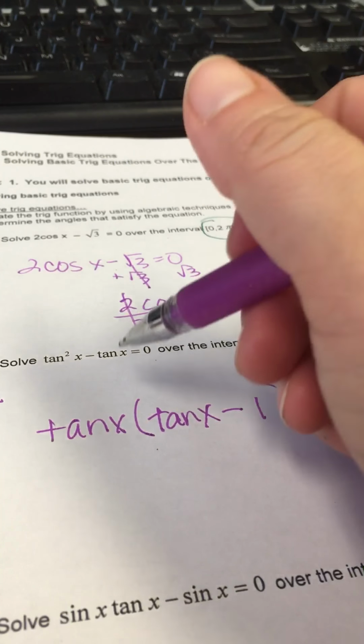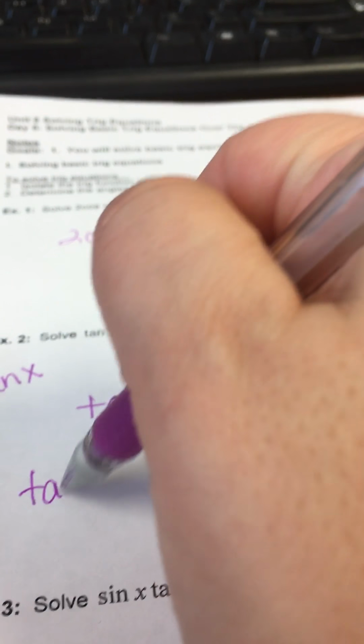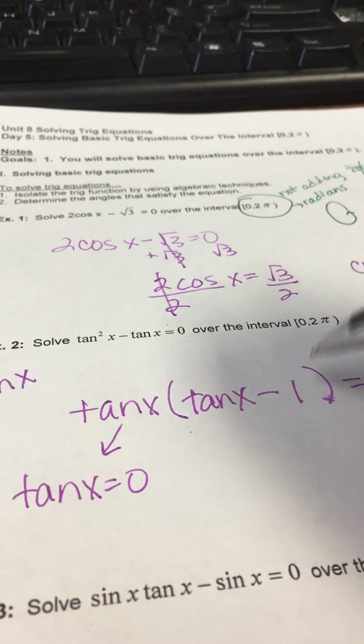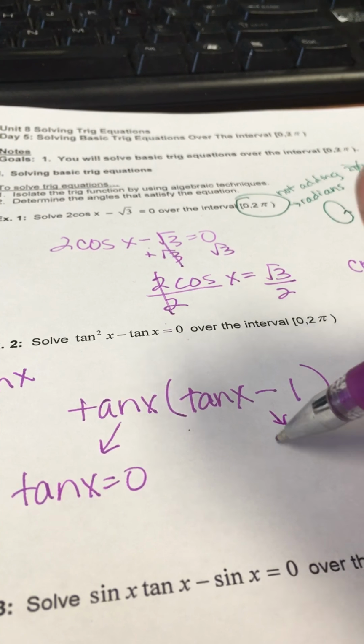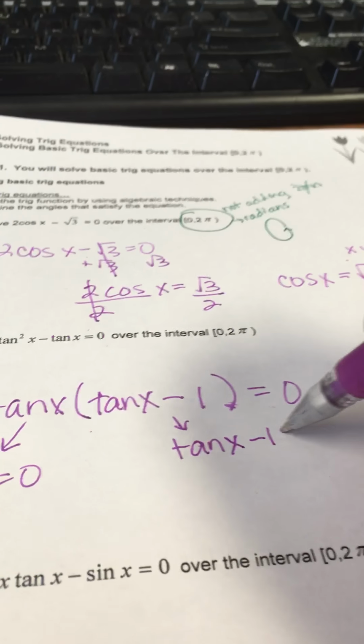And once you do this, you're kind of separated where there's multiplication. So I'm looking for where the tangent of x is going to be 0 on its own. And I'm separating this and say tangent x minus 1 is going to be 0.